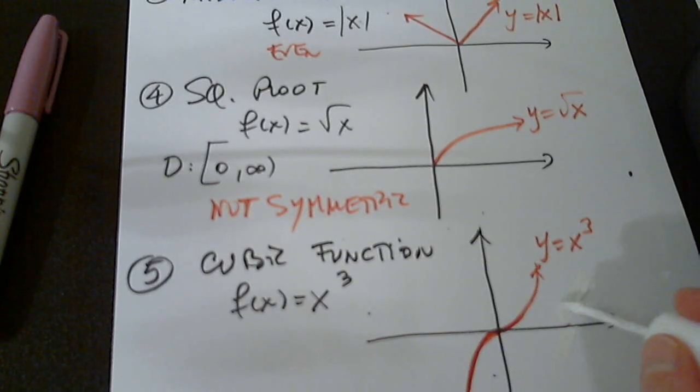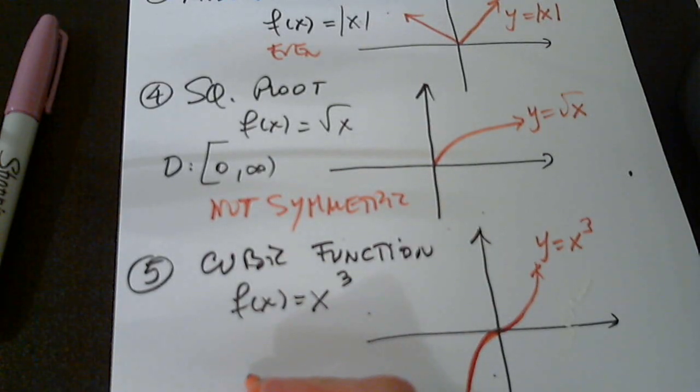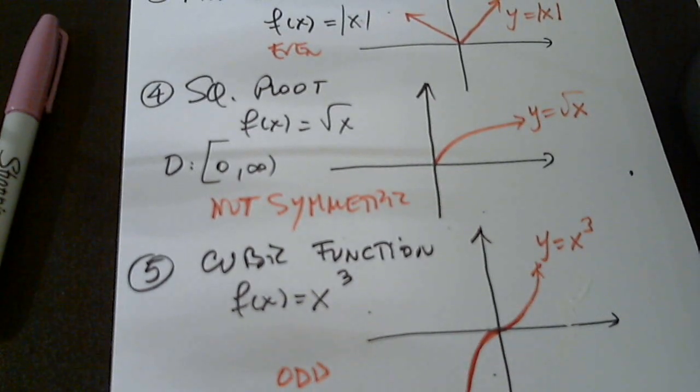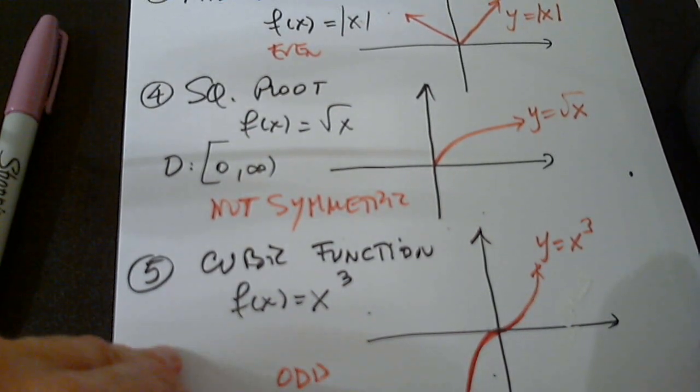There are different ways. So this is a different way than what I just erased. Okay, so this is x cubed. Odd, even, or none of the above? Odd. Excellent.